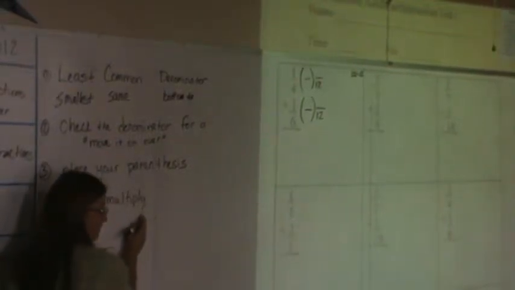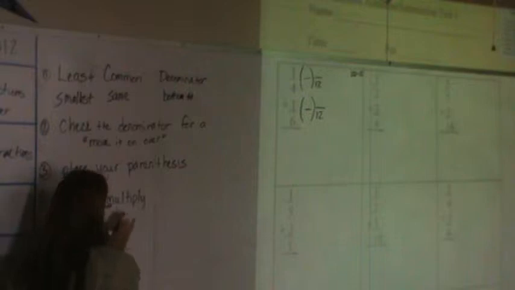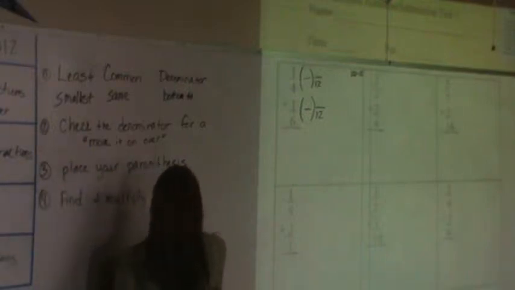Number 4 is find and multiply, or ly. It's like possibly and all those others, but in this case the y says I. Find and multiply by a, quote, funny looking one, because this is not a math term.